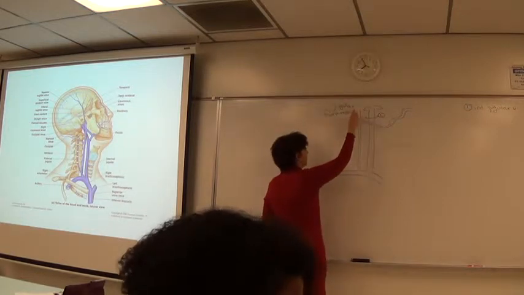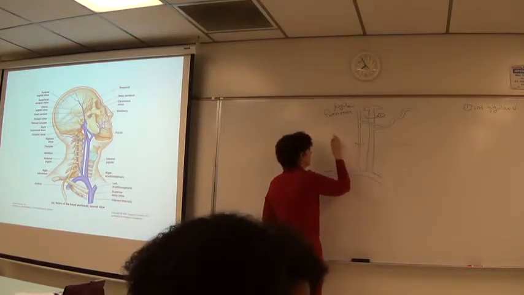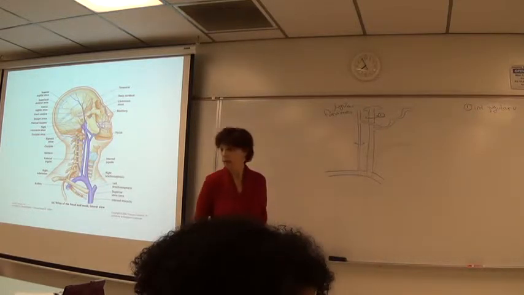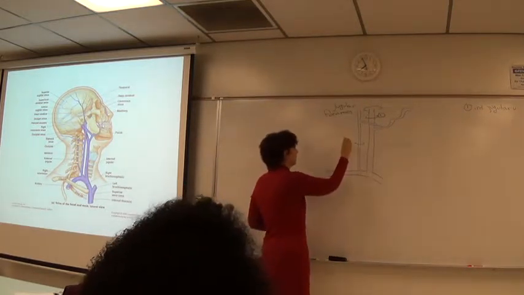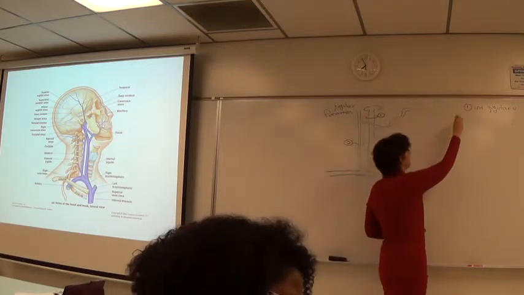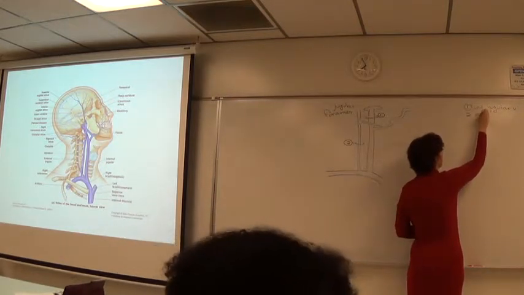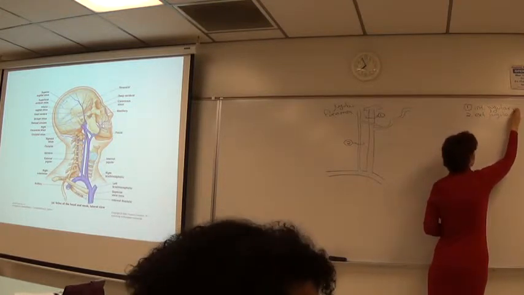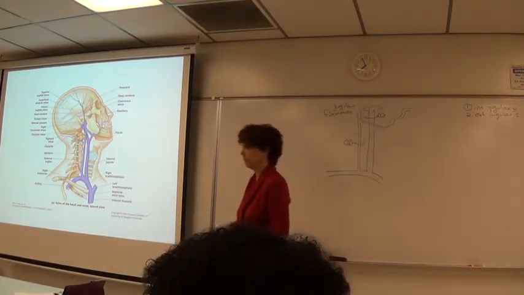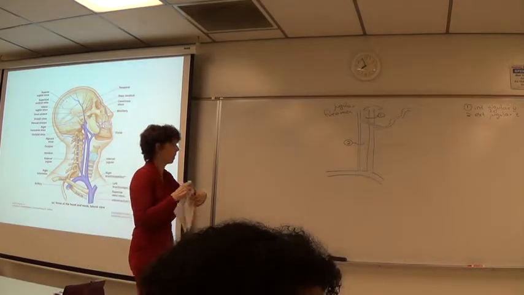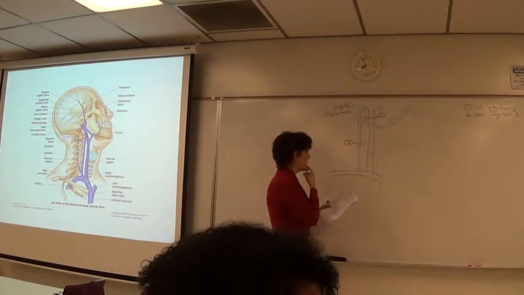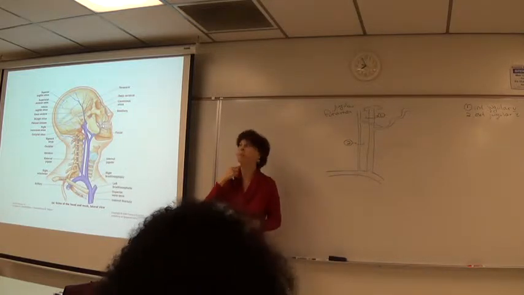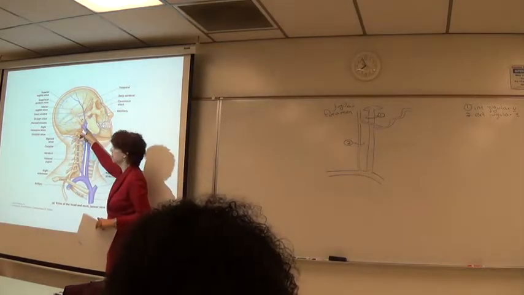Here is our external jugular. And then the vessel that joins the two, that occurs right along here. So the name of this vessel is the retromandibular vein.